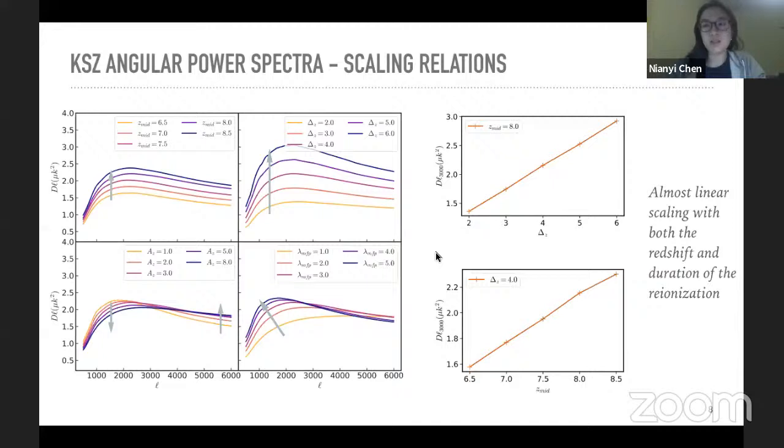That can lead to some difference in this scaling relation. Also note that our duration definition is different from previous works, in that we have a longer extension of reionization from 5% to 95%. So we also need to calibrate on that before we can do justice in the comparison.